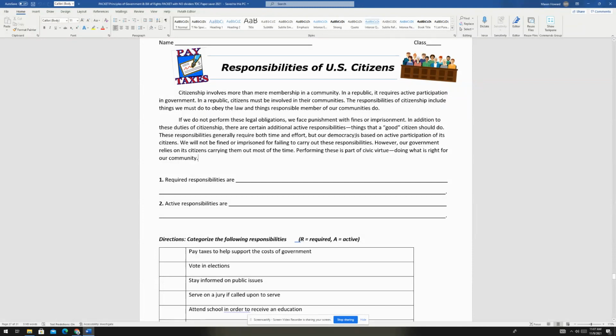And there is a typo in here. This should not say democracy. We don't use that word in this class. In 8th grade history, we don't use the word democracy. We use representative government. Okay, I'm going to go quickly. Pick up your pencil. Let's go.